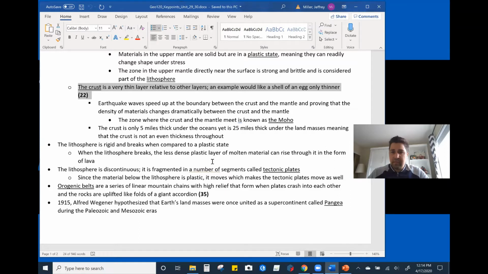So don't take what I said in the video to be true, because now that I'm looking at the notes, it's nowhere near that deep. The fact of the matter is the crust is only about 25 miles thick under the thickest land masses, the continents themselves. And under the ocean, it's even thinner, only about 5 miles thick.